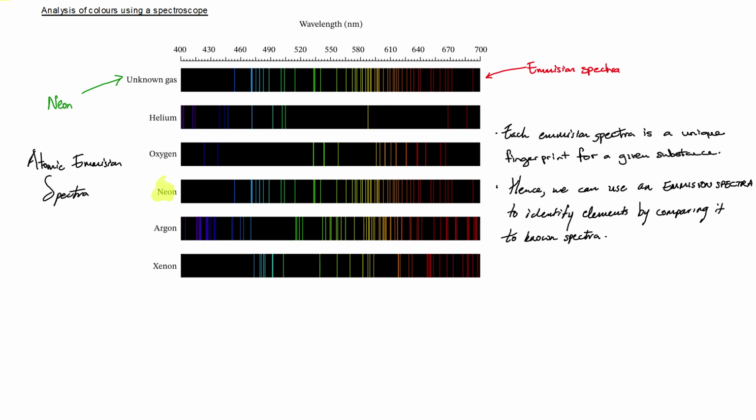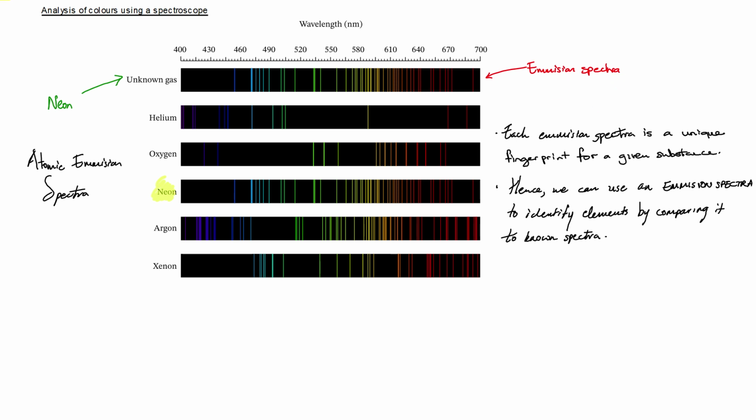Okay, and what we are going to do in a moment is look at why we produce these different bands of light and why they're so specific and the same every single time for an element, and hence a fingerprint. And that's something you're going to have to be able to explain quite competently. So one thing we're going to definitely say is we can use them to identify elements, the flame colors, and we can use a spectroscope to help us get these emission spectra.